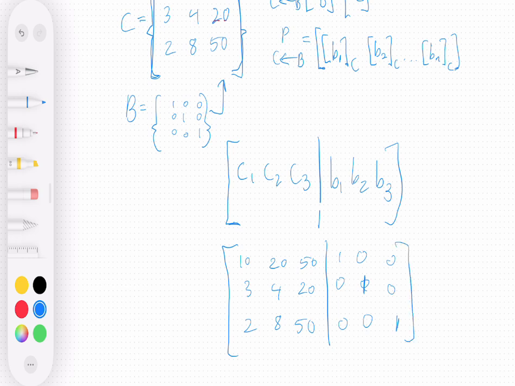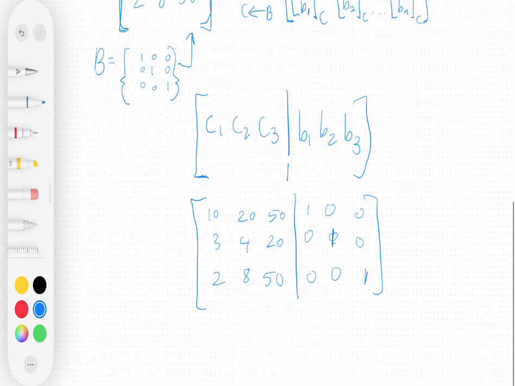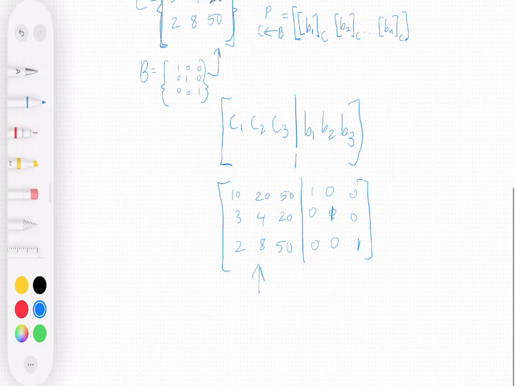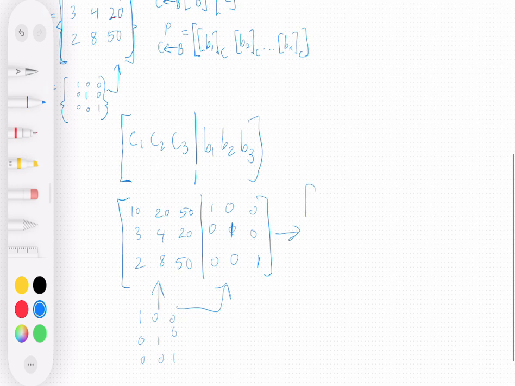Now you might be wondering what we have to do to figure out the change of basis matrix. What we have to do is make this, ironically, look like that. We have to basically make it into the standard matrix for R3. So let's get to that.